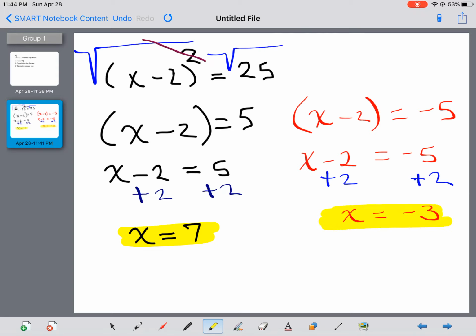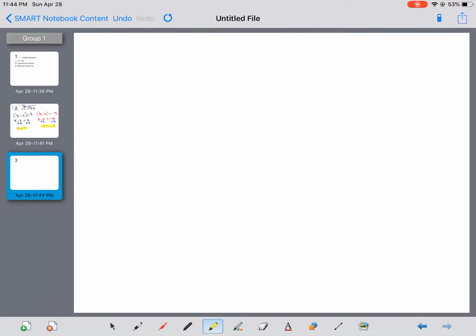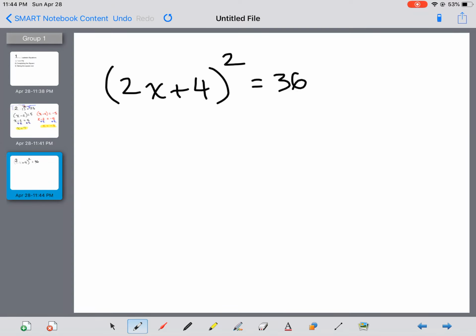All right, so let's see another example of taking the square root. Let's say in this case, we have the equation (2x plus 4) quantity squared equals 36.